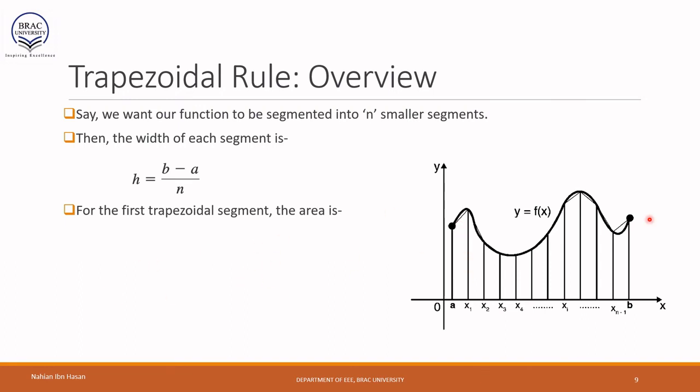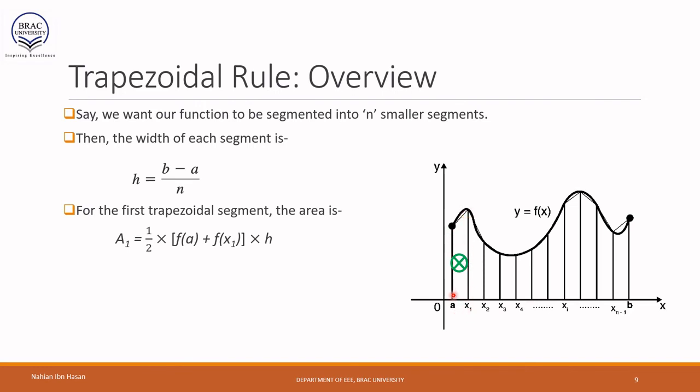Now we want to calculate the area of the first trapezoid. We already know the area formula for a trapezoid: half times the width of the trapezoid, which is h, times the sum of the parallel sides. This trapezoid has 2 parallel lines, at a and x1.